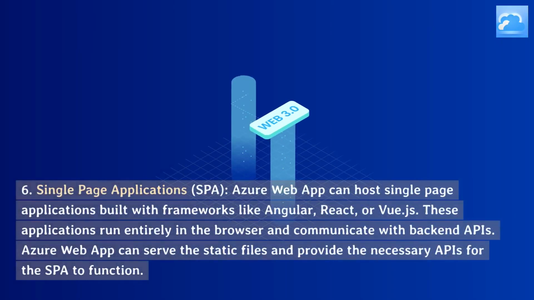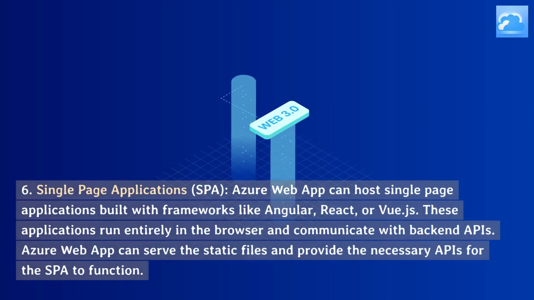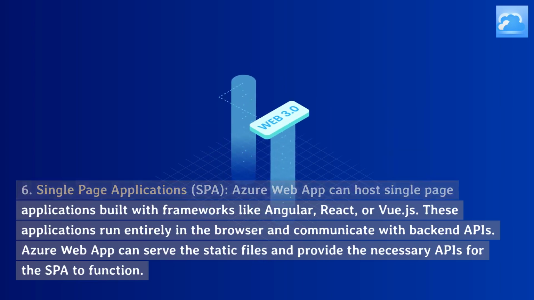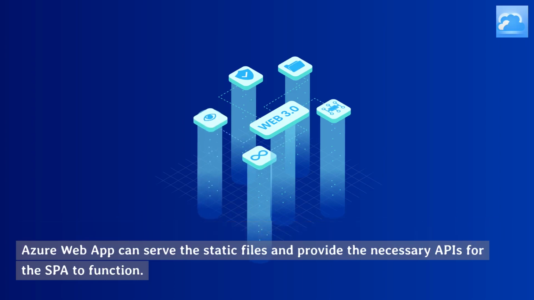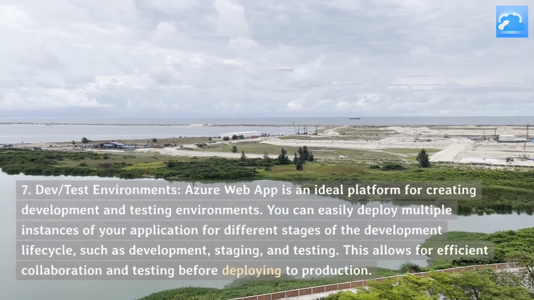6. Single-page applications, SPA. Azure Web App can host single-page applications built with frameworks like Angular, React, or Vue.js. These applications run entirely in the browser and communicate with backend APIs. Azure Web App can serve the static files and provide the necessary APIs for the SPA to function. 7.